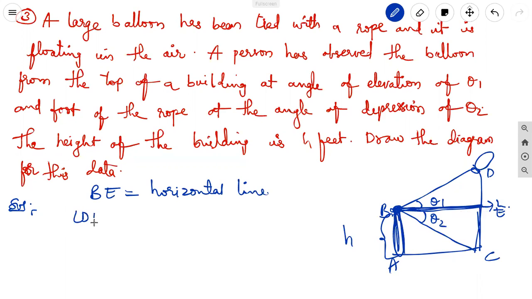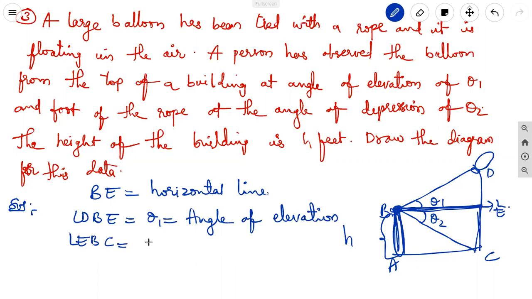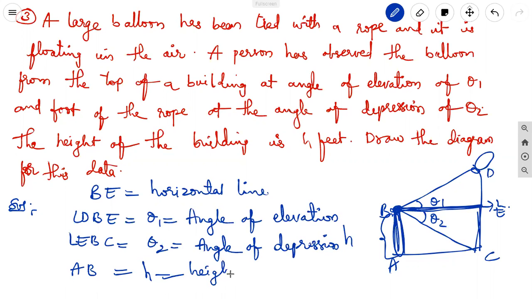Angle DBE is equal to theta 1, that is the angle of elevation. Angle EBC is equal to theta 2, the angle of depression. AB is equal to h, that is the height of the building.